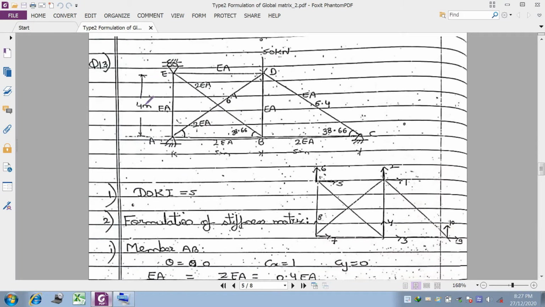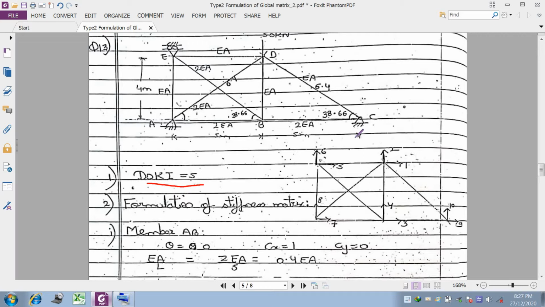First of all, based on the diagram, we have to calculate the DOKI. So here the DOKI is 5. Let us see how DOKI will be 5. We have to mark two coordinates at each joint, first horizontal. We will start from the unknown itself, so first we have to identify which pin joint is unknown. Joint D is unknown, joint B is also unknown, and joint E is also unknown, because joints C and A are fixed supports, so there will be no displacement in this case.